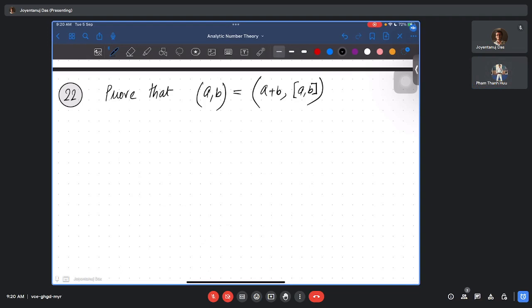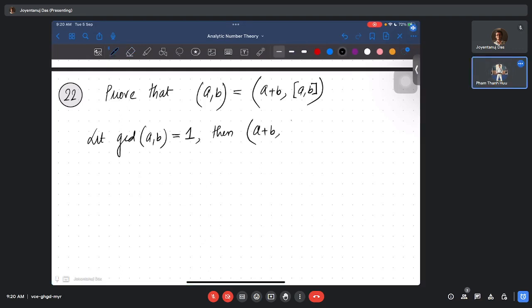Suppose in the case of A and B, we assume the GCD of A and B is one. Then we'll show that the GCD of A plus B and the LCM of A plus B is also one.